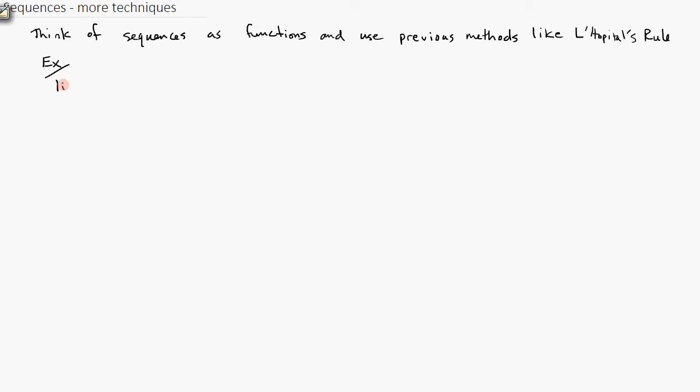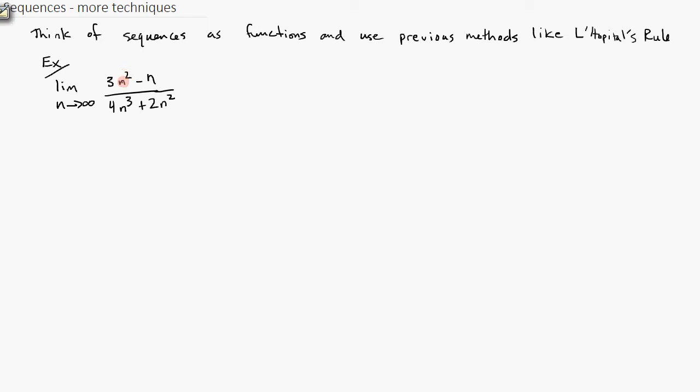So suppose I have the limit as n goes to infinity of 3n squared minus n over 4n cubed plus 2n squared. Okay, so we think of this expression as a function.